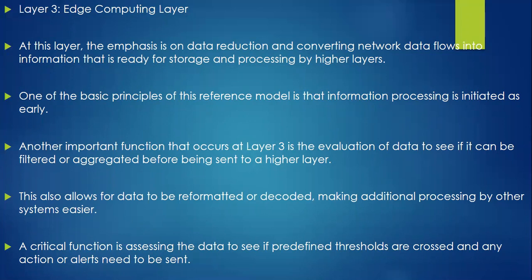After this edge computing layer, we have a data accumulator, layer number 4, which means the storage. The information in the network may not be suitable for storage. That should be processed and analyzed. A few pieces of information will be unnecessary, so what we need to do is reduce the data.